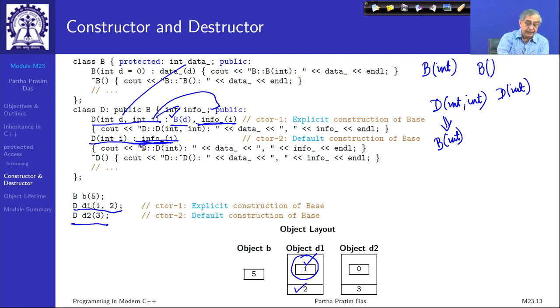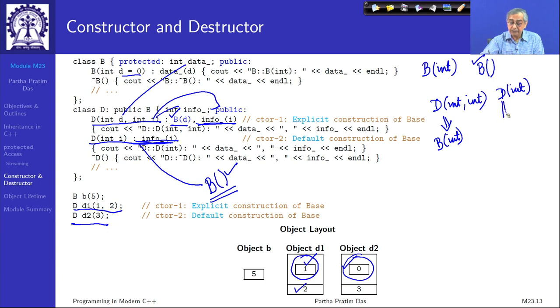If it is doing like this, it means that the default constructor of the base class must be there and will be invoked. So, first this is invoked, though it is not written, but it has to construct. It finds that the base class has a default constructor, so it constructs with the default constructor, which sets it to 0.